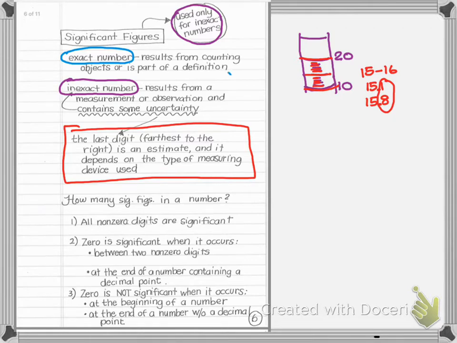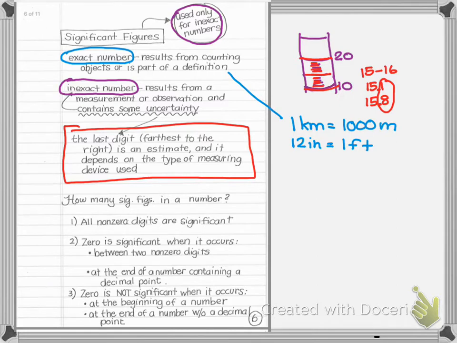Another one: if I said 1 kilometer equals how many meters, you would say 1,000 meters. This is a definition, because kilo means 1,000. Or if I said there are 12 inches in 1 foot, that number 12 and that 1 are exact numbers because that's a definition.